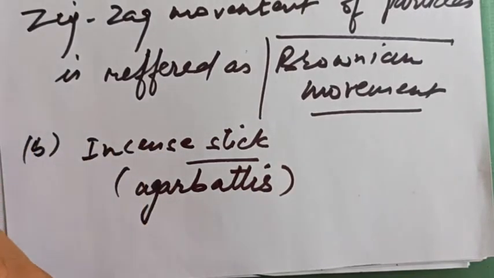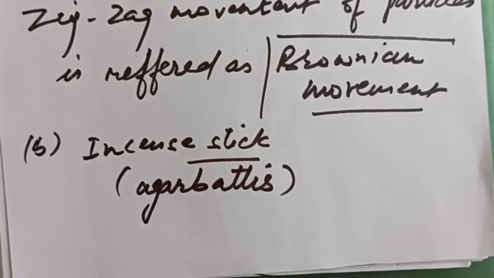Suppose we light them in a corner of the room, after some time you will find that the fragrance of these incense sticks is spread in the whole room, in each and every corner. From this activity we can demonstrate that the particles of matter are not stationary but they are moving constantly.